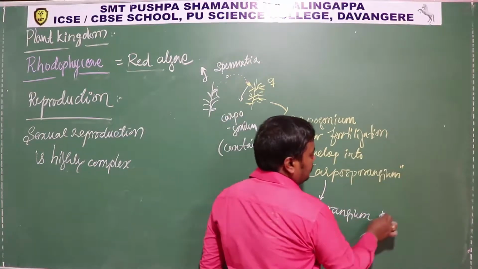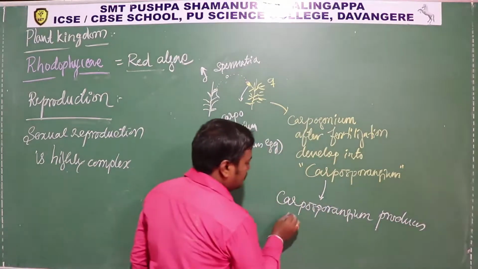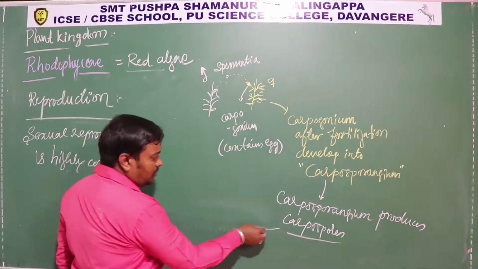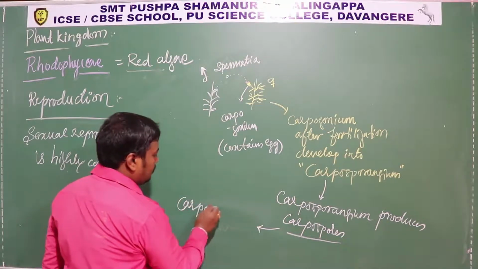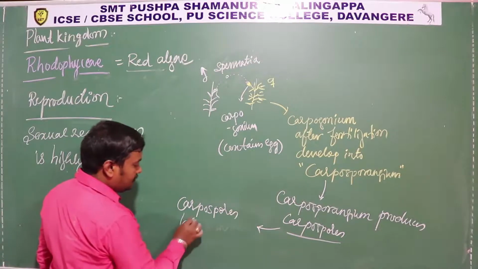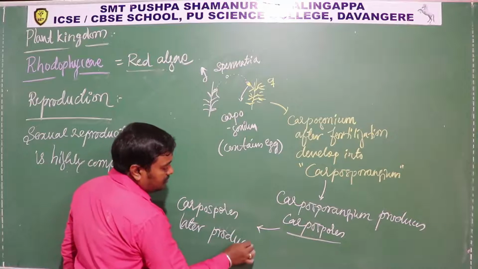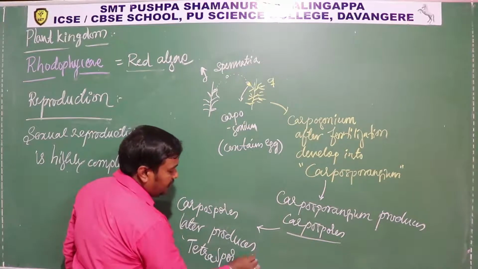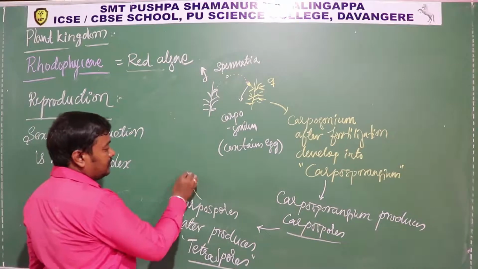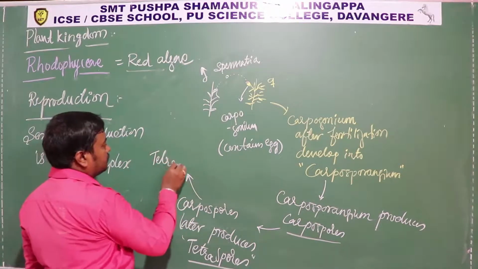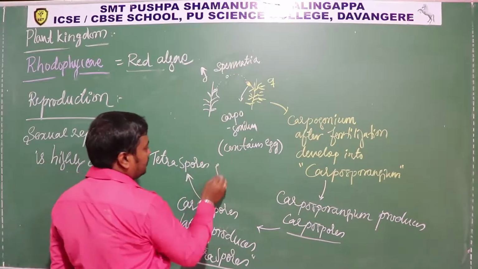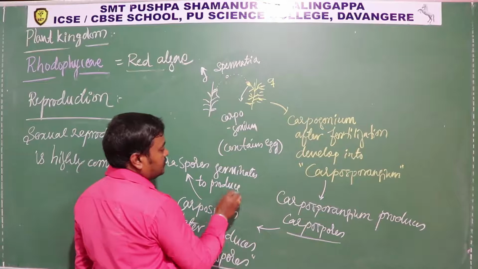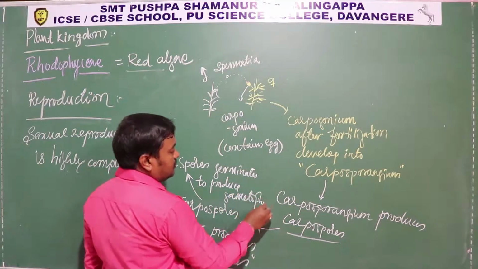Carposporangium produces carpospores. Okay, so these carpospores later produce tetraspores. Tetraspores germinate to produce gametophyte.